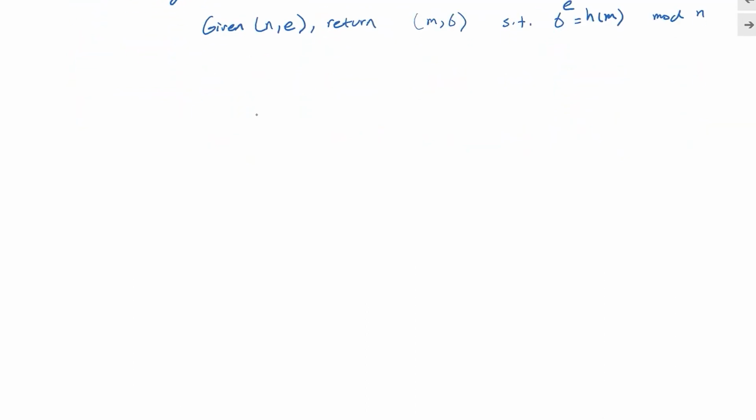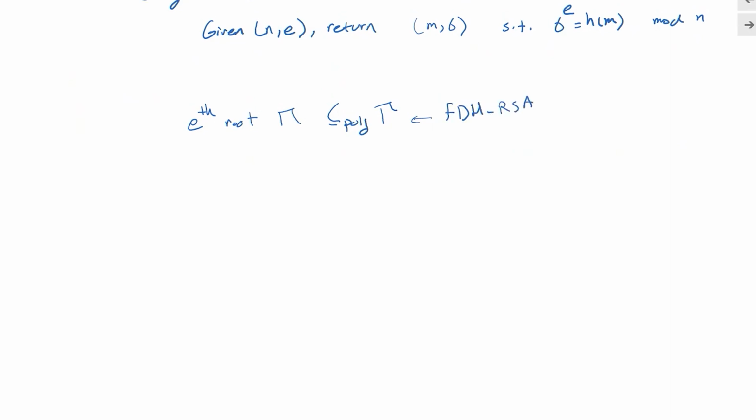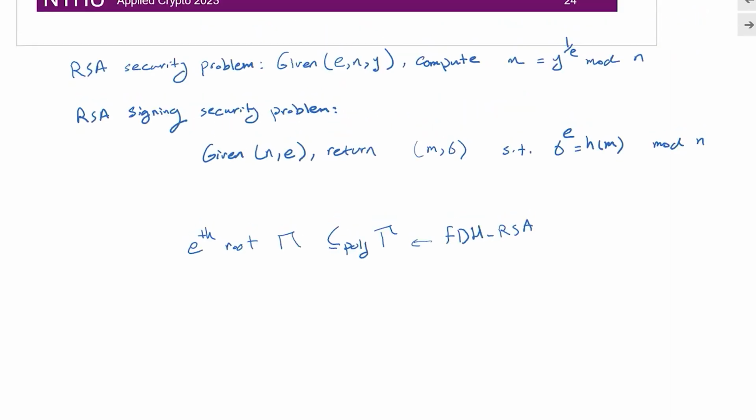So today, we are going to show that computing the eth root, which we define to be the pi problem, we can reduce in polynomial time to another problem called gamma. This guy is full domain hash RSA. So after we do this reduction, we are correlating these two problems with each other.